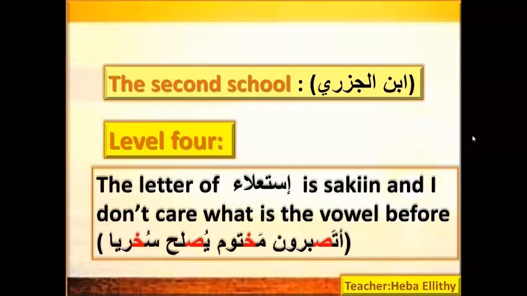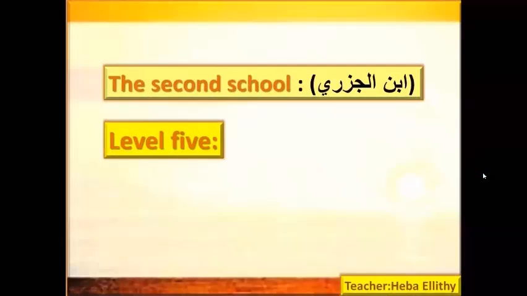This is one of the schools' views, but we follow, and most of the readers follow, the Ibn al-Jazari school. Then I will say مخ, not مخ. Okay, سخ, not سخ. Did you feel the difference between these two schools now?